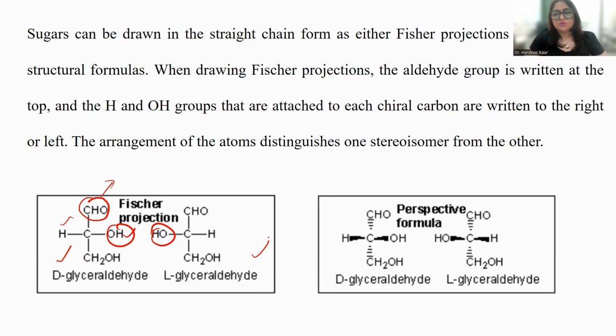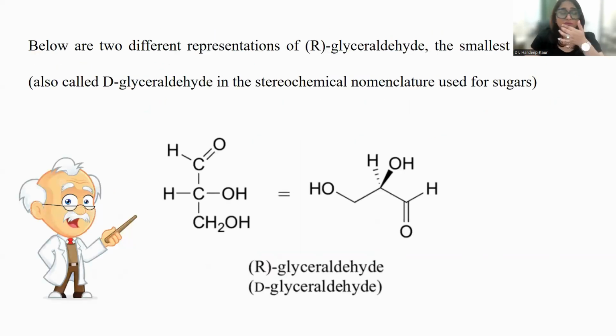So the perspective formula, you can say simply, it is on the top, it is on the bottom, and this is on the horizontal. Okay. So in this example, R-glyceraldehyde and D-glyceraldehyde, the most oxidizable is on the top. Can you represent it like this?